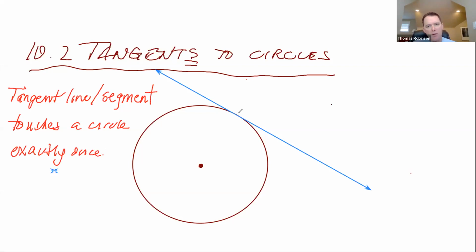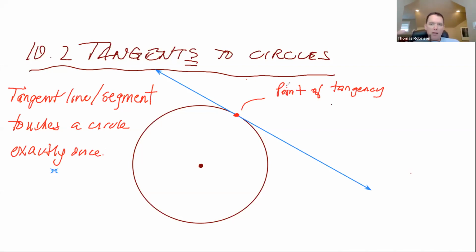And in fact, there's a name for this point right here. It's called the point of tangency. So we'll use that phrase, the point of tangency, here pretty quickly.